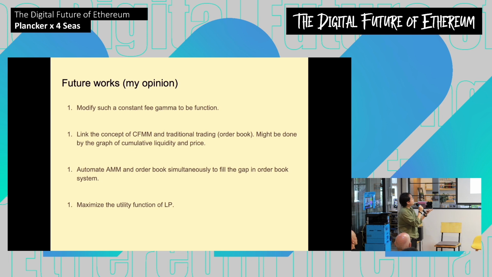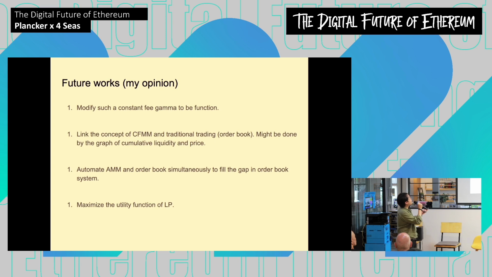But maybe somehow it will be more continuous, not just fixed. So if you want to trade a token which is at a very early stage, you might have to pay much more fee than for a token which has existed for a long time, something like that.